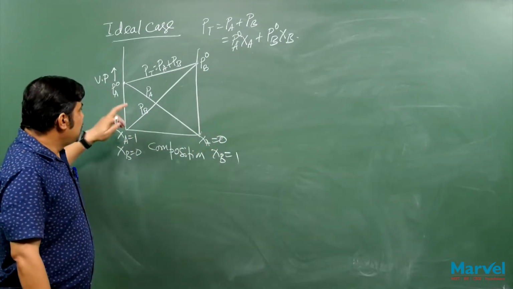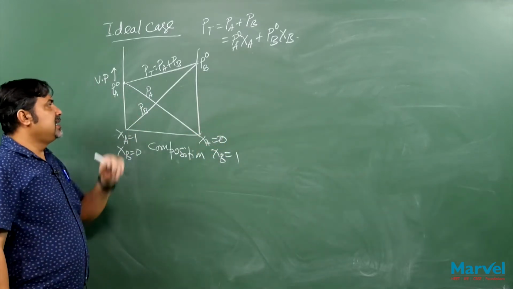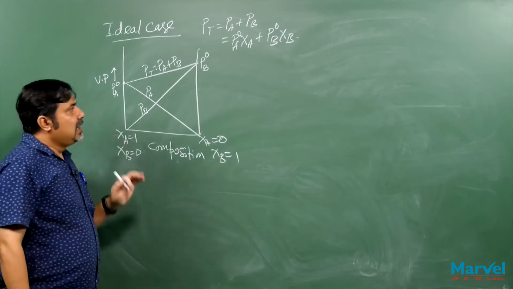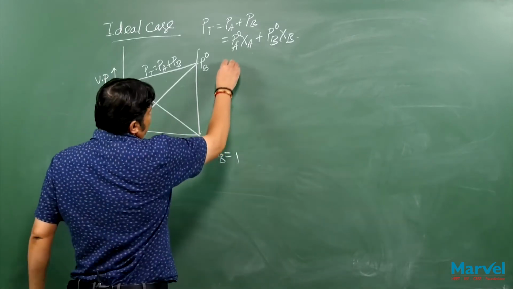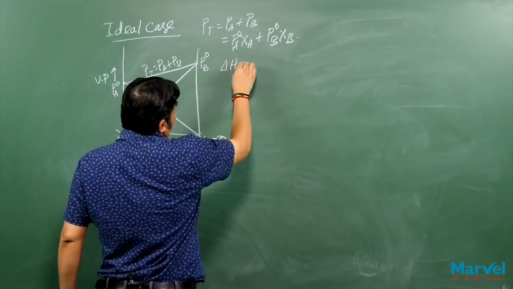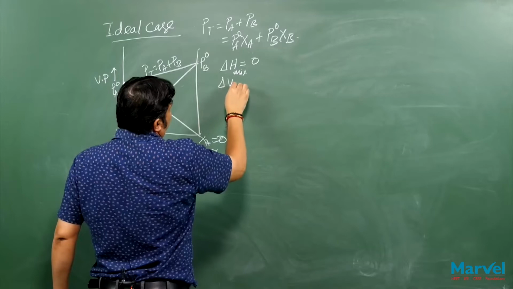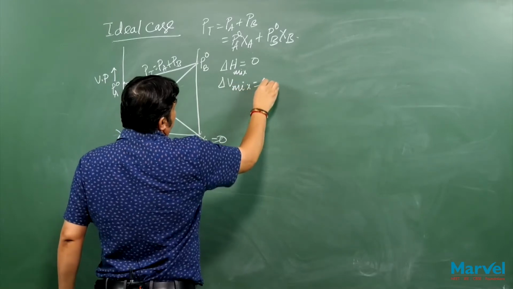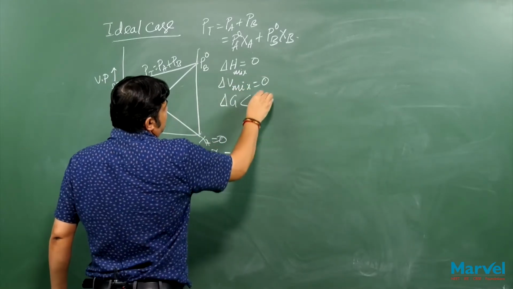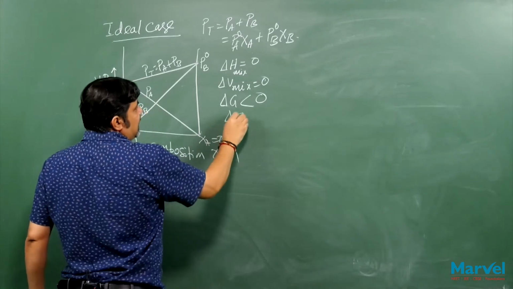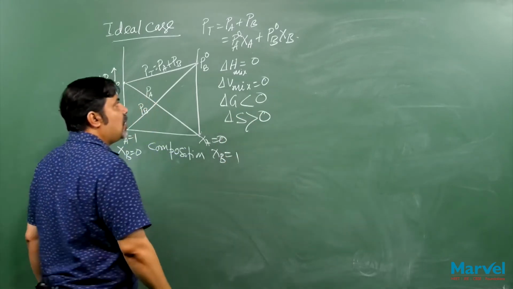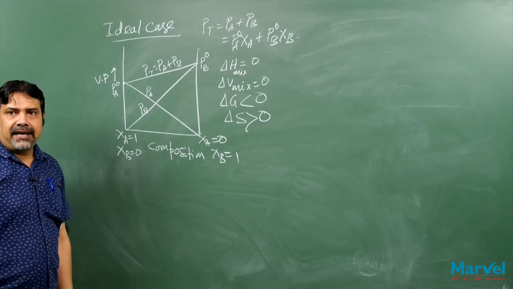Got the point? So immediately we get this. This is for the ideal case. And for the ideal case, as I already told, delta H of mixing equals 0, delta V of mixing equals 0, delta G less than 0 for a spontaneous process, and delta S greater than 0. Already we explained this for the ideal case.